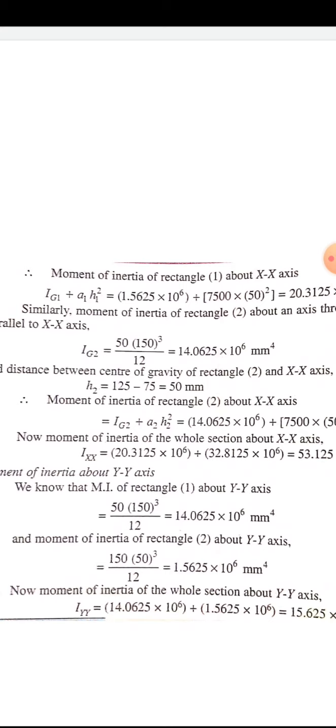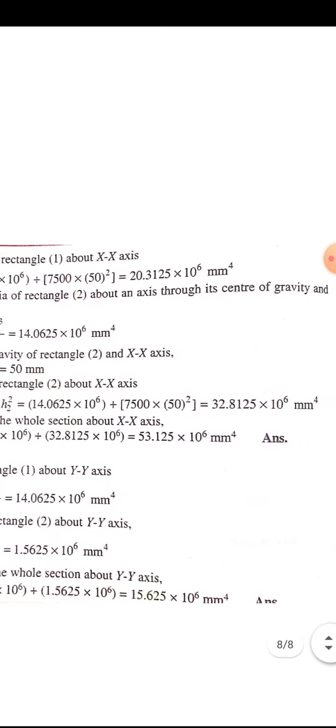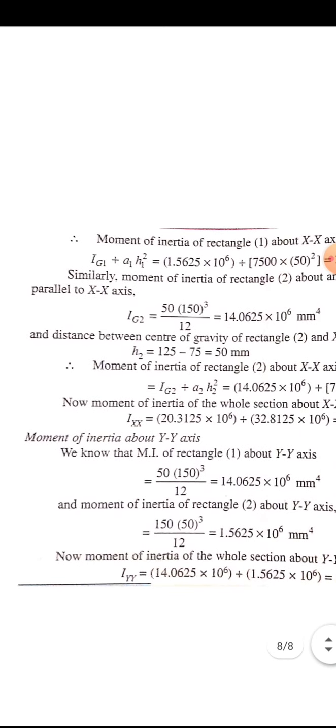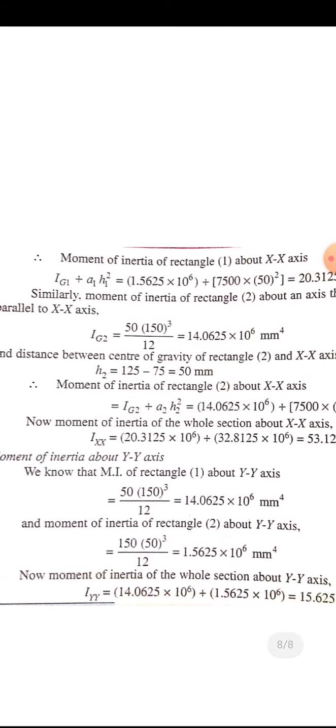Next, rectangular 2. Similarly, moment of inertia of rectangular 2 about an axis through its center of gravity and parallel to x axis, Ig2. b d cube by 12 was for the x axis; for the y axis it will change, d b cube by 12, that is 150 cube by 12. Okay, Ig2, h2.